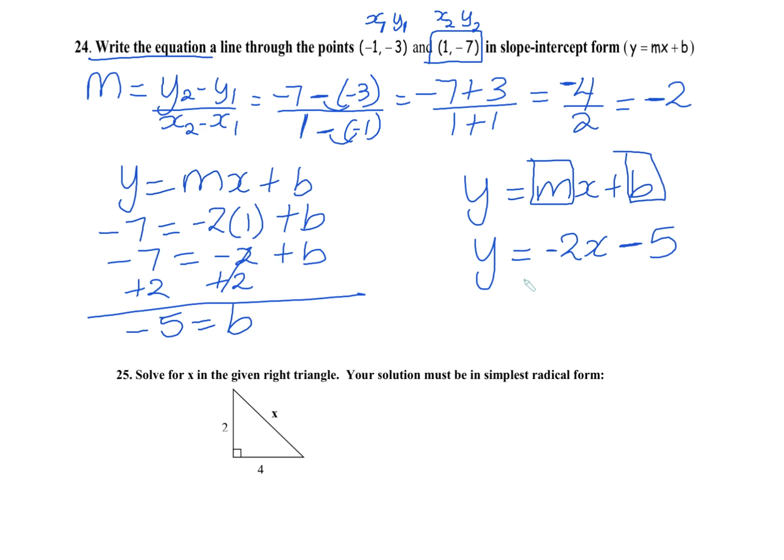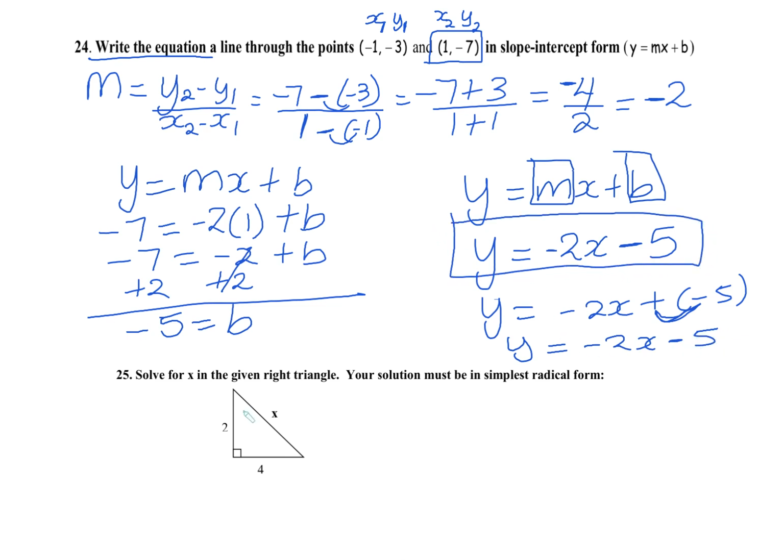You don't need to write plus minus 5. Your b is going to be negative 5. Because if you write y equals negative 2x plus and then the negative 5, remember here, when you bring these two together, a positive times a negative is a negative. So you still get y equals negative 2x minus 5. And this is your answer.